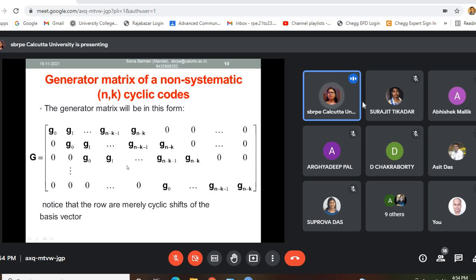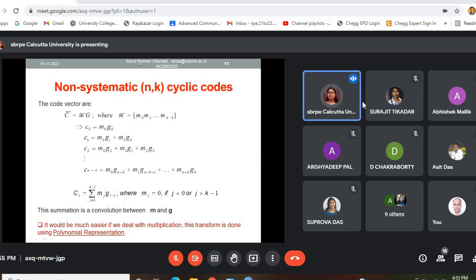So it is a non-systematic cyclic code generation. That means in the non-systematic way, you can generate the cyclic code by means of the generator matrix convolved with the message vector or information vector.